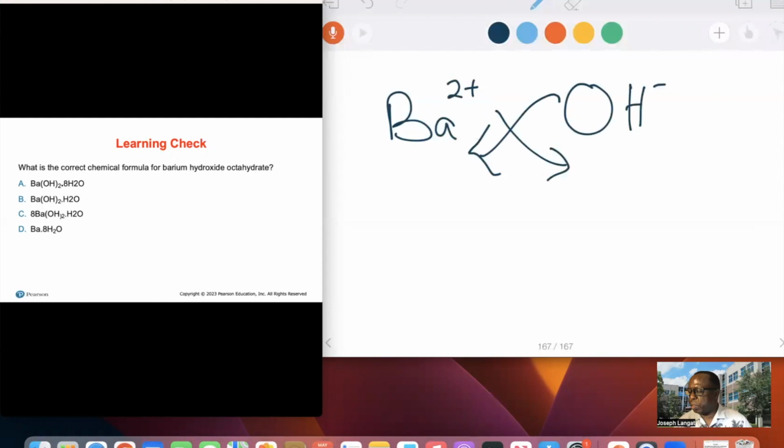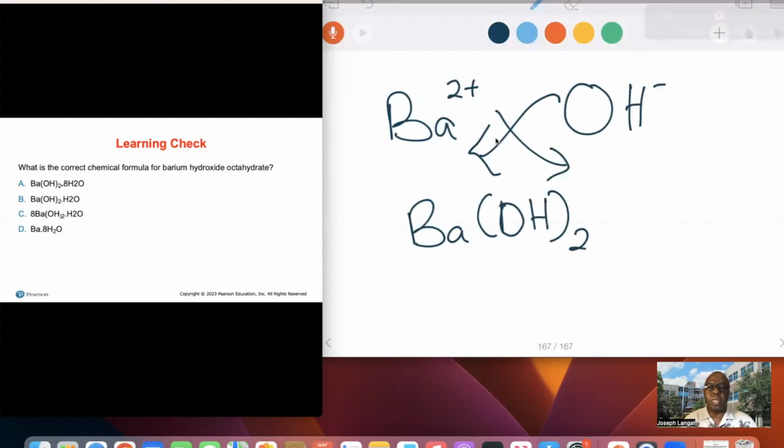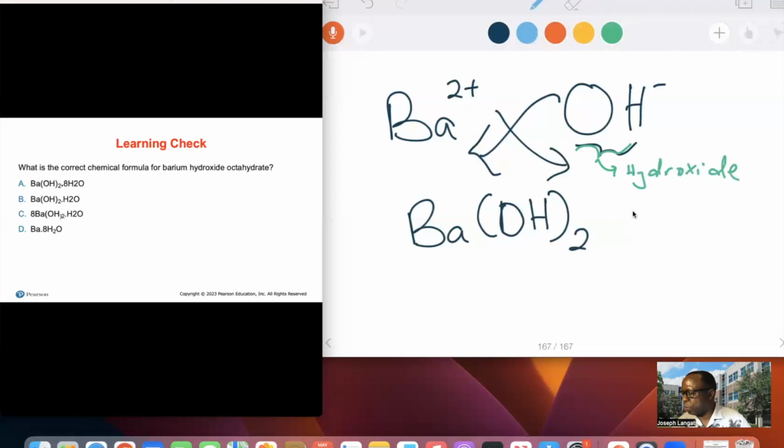We will bring down barium. Do not put the subscript just on hydrogen, but the subscript applies to both oxygen and hydrogen. This is the hydroxide ion, and this is the barium ion.